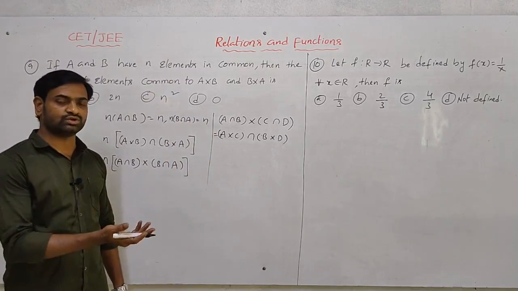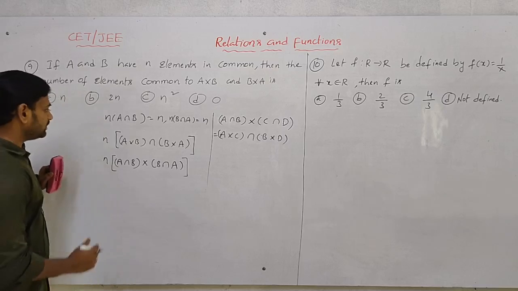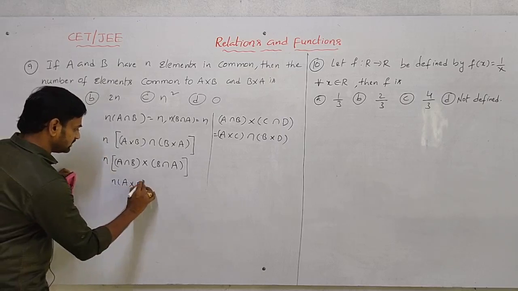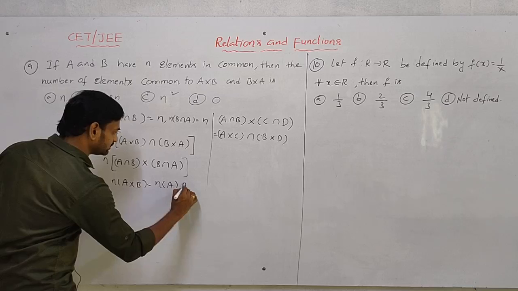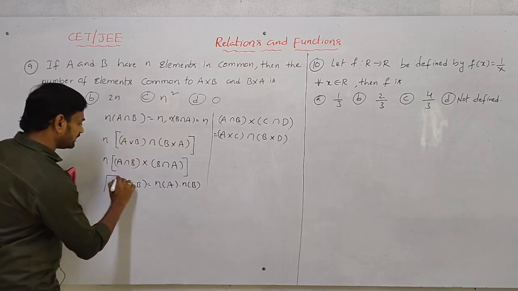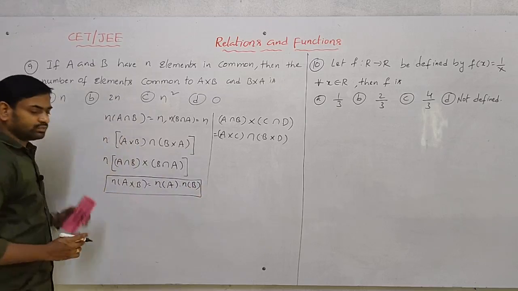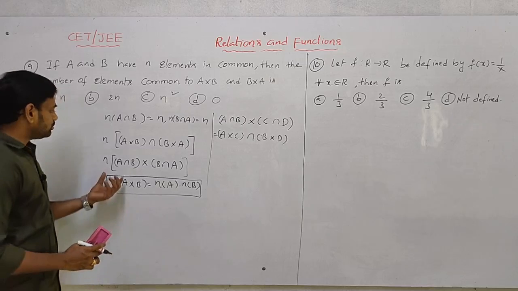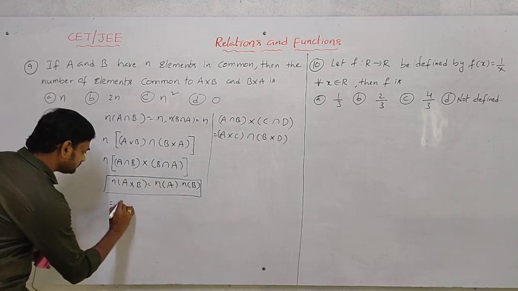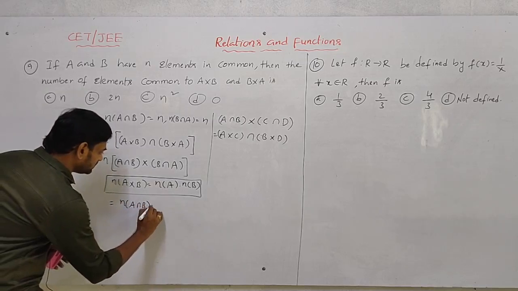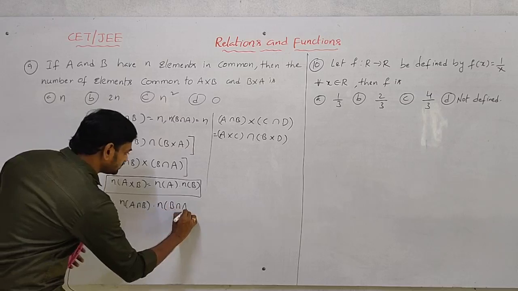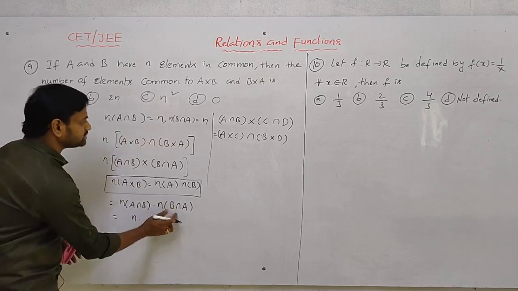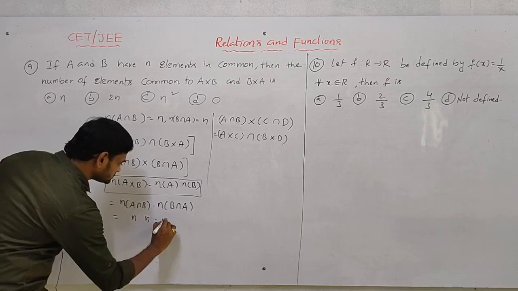A intersection B is equal to B intersection A. Now, one more formula is there: n of A cross B is equal to n of A into n of B. The number of elements in A cross B is equal to the number of elements in A into the number of elements in B. So, in the same way, here, n of A intersection B into n of B intersection A. n of A intersection B is n, n of B intersection A is also n. That is n into n, which is n square.